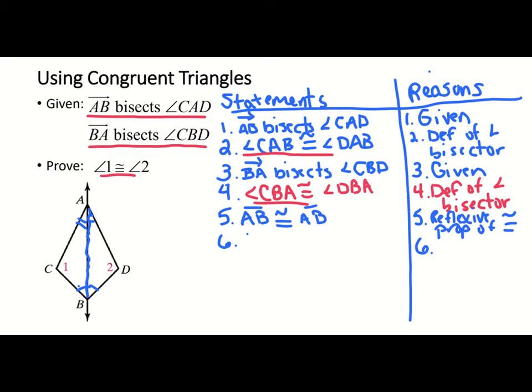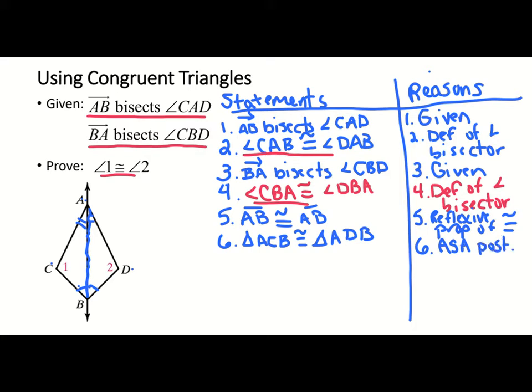So I'm going to name it triangle ACB is congruent to, and then you have to keep the order the same, so I'm going to have to do ADB for the other one. So triangle ADB. And I said it earlier, it is the angle, side, angle postulate.